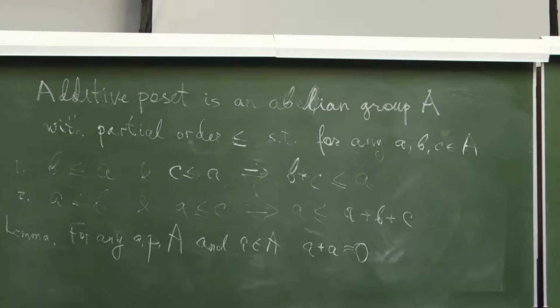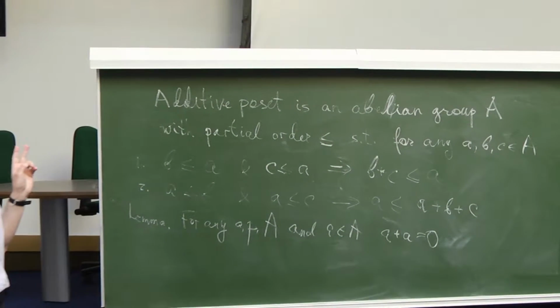So it follows from these axioms that all elements of an additive poset have order 2.